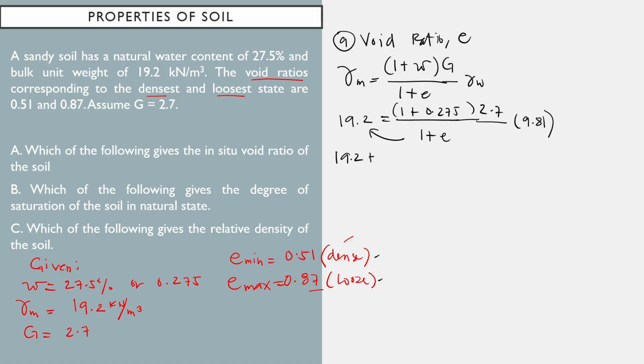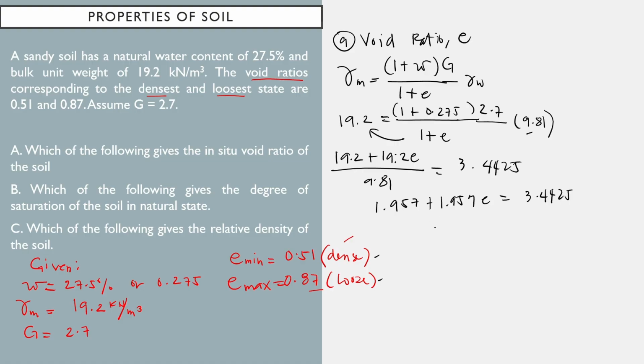And then, ilabas natin ito. So, 19.2 plus 19.2 E, and then divided by 9.81 is equal to, simplify natin, 1 plus 0.275 times 2.7. So, that is 3.4425. And 19.2 divided by 9.81, so that is 1.957 plus 1.957 E. And then, equal to 3.4425. And then, ilipat natin sa kabila.